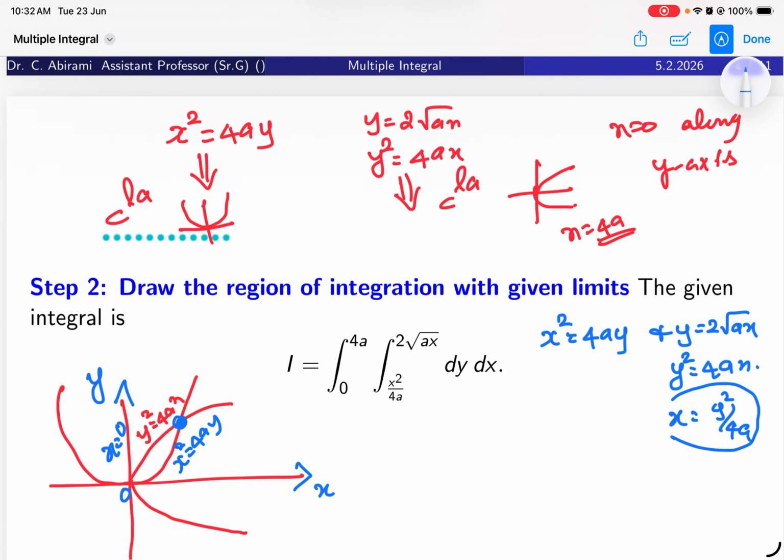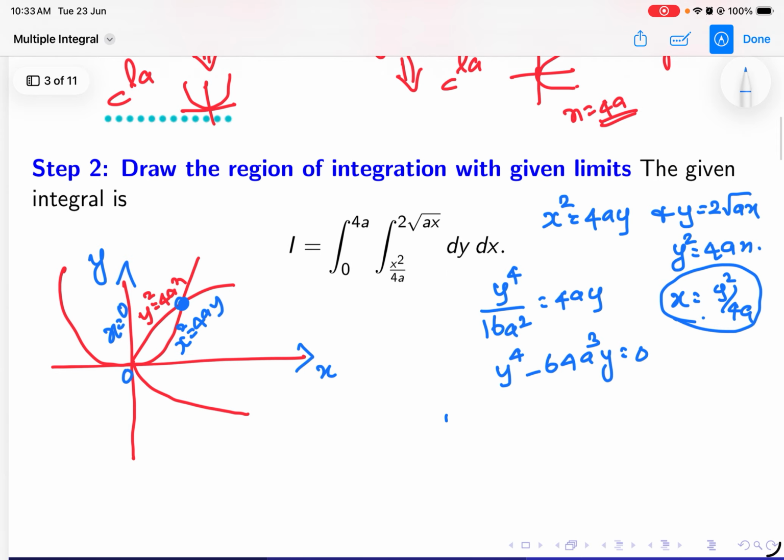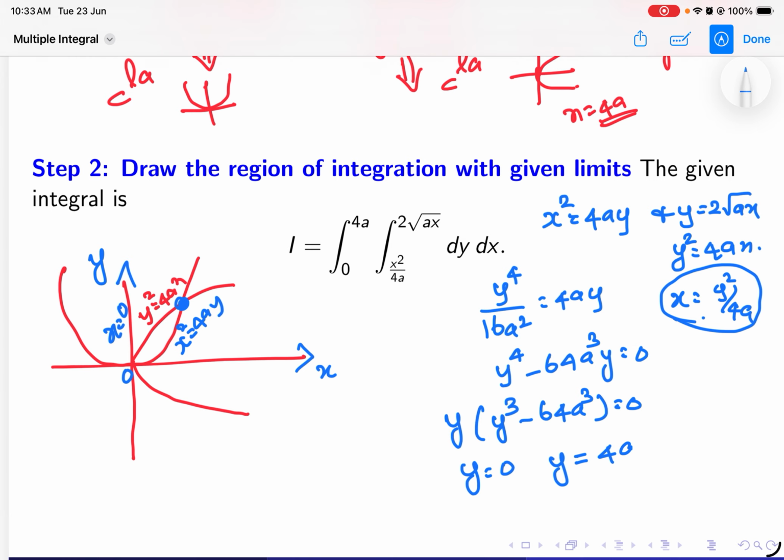Substitute the value of x in the first expression. So y power 4 divided by 16a squared is equal to 4ay. So y power 4 minus 64a cube y equals 0. So y times (y cube minus 64a cube) equals 0. So y is equal to 0 and y cube is equal to 64a cube, so y is equal to 4a.